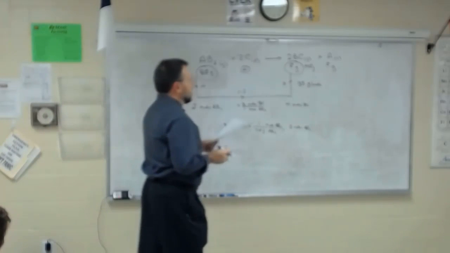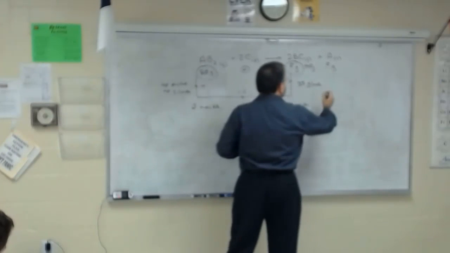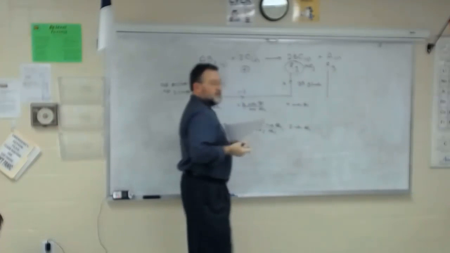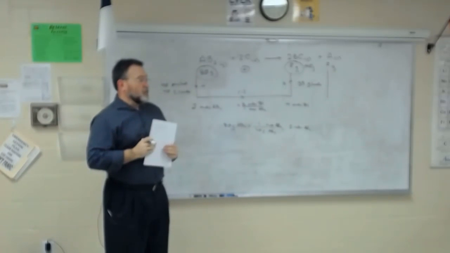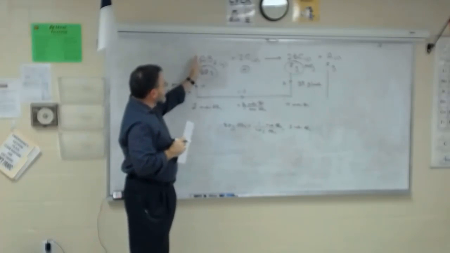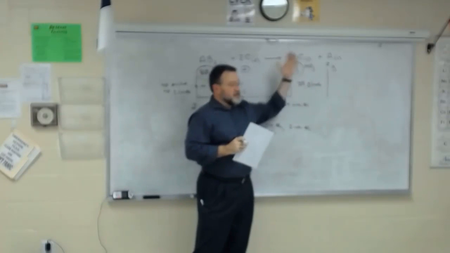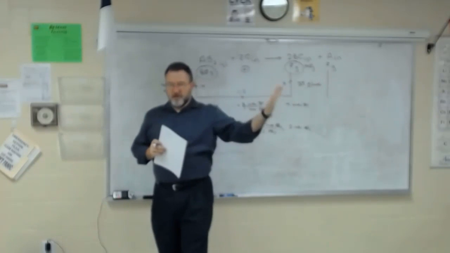Now, we were also asked for the grams of A. There are 2 ways I could do this. One way would be to relate AB2 directly to A and do it the same exact way, same exact flow.